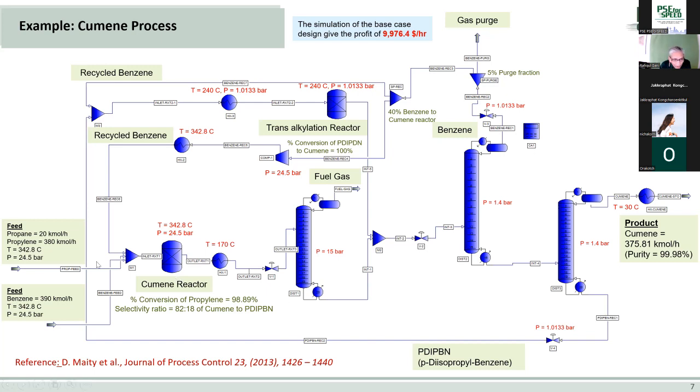So again, we give what is the input, we give all the parameters of the equipment, which are the design variables, we then simulate, and we know all the variables in all the streams and also going out. And then we know the reboiler duties, condenser duties, and all these.